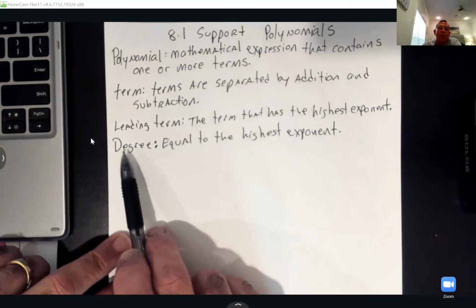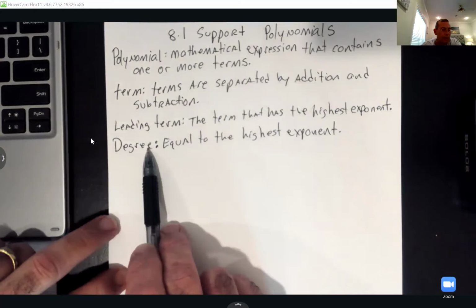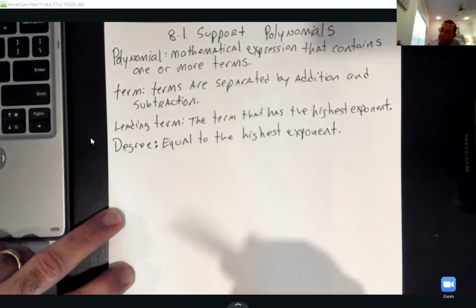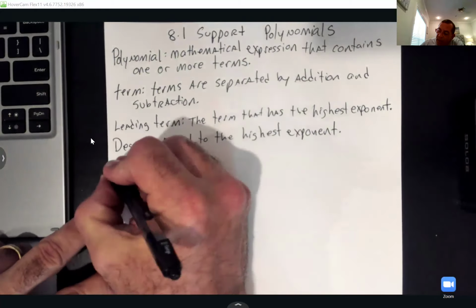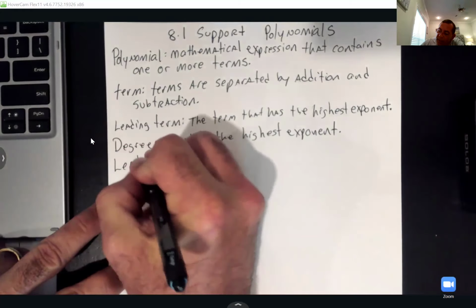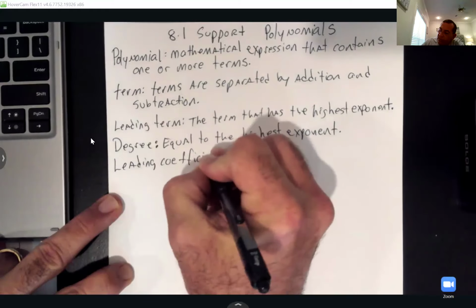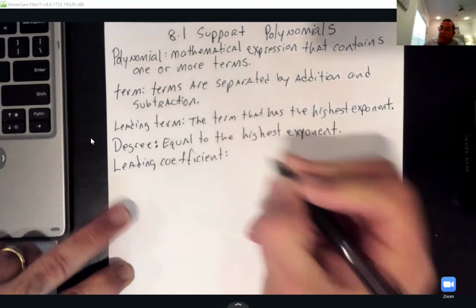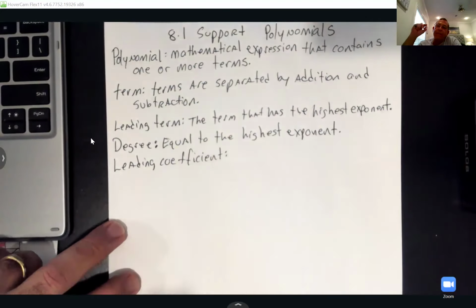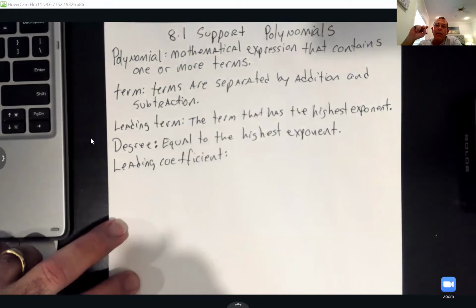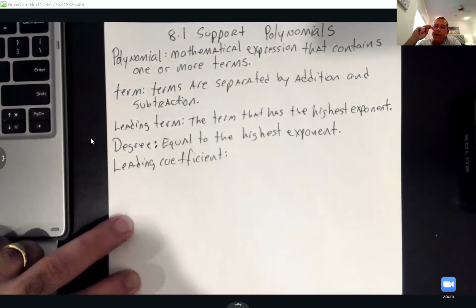And the highest exponent also gives us the degree. Now, within the leading term, we'll get the leading coefficient also. And the leading coefficient is the number in front of the leading term.